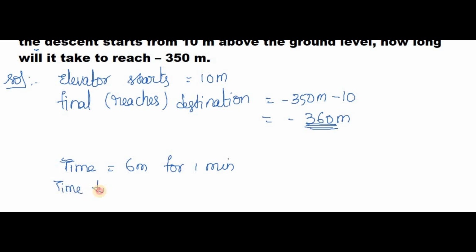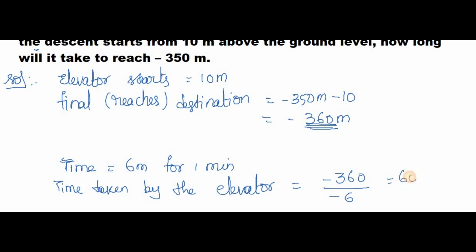Now time taken by the elevator is equal to minus 360 meters divided by minus 6. So 6 60s are 60 minutes.